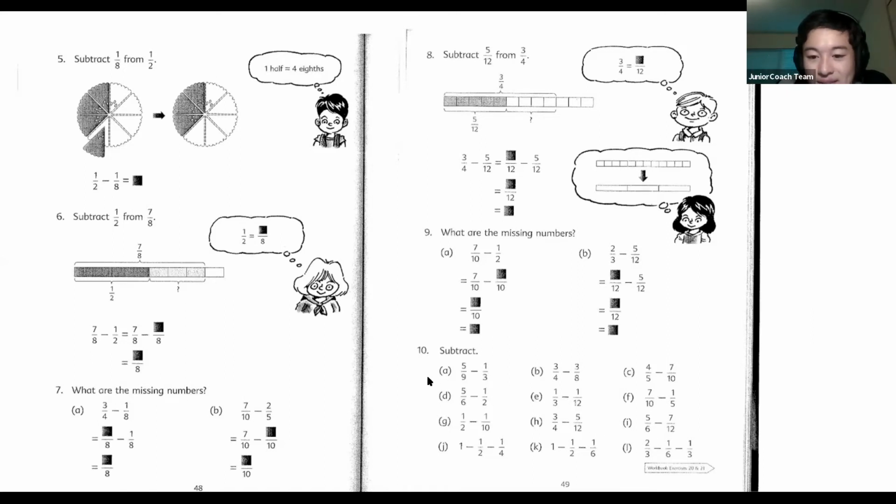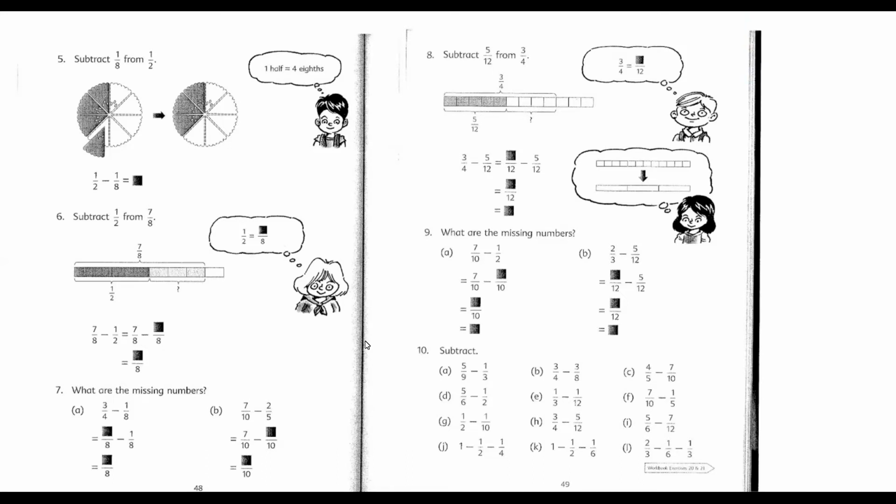All right, let's just pick one. Let's do 10i. 5/6 minus 7/12. I think that would be like 1 and 1/12 or 2/6. Nope.